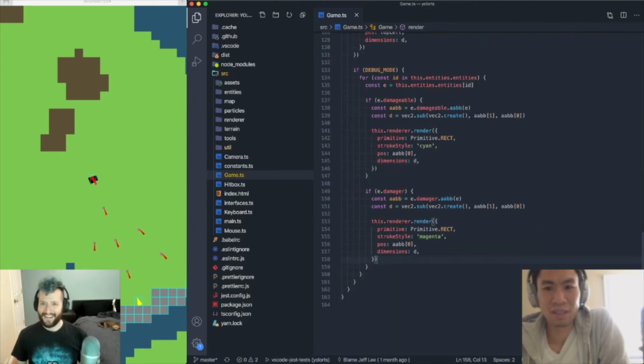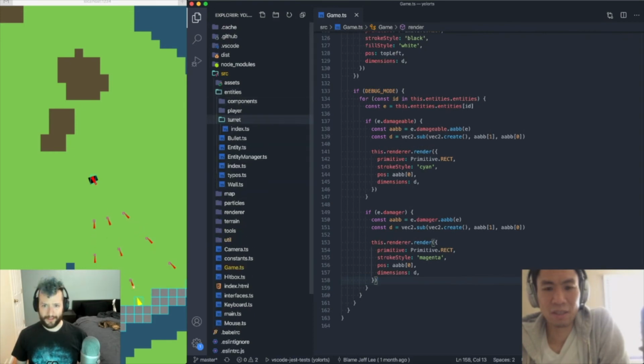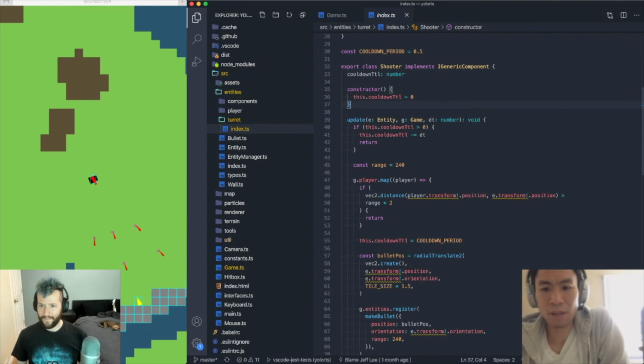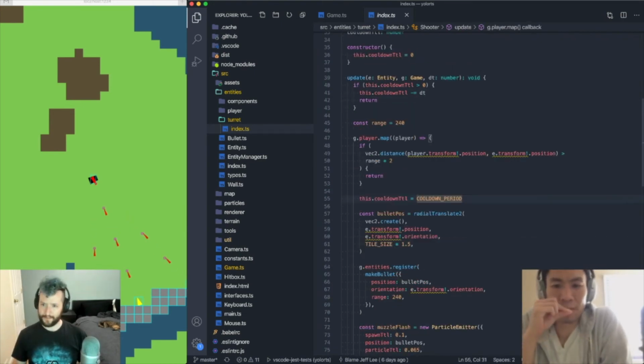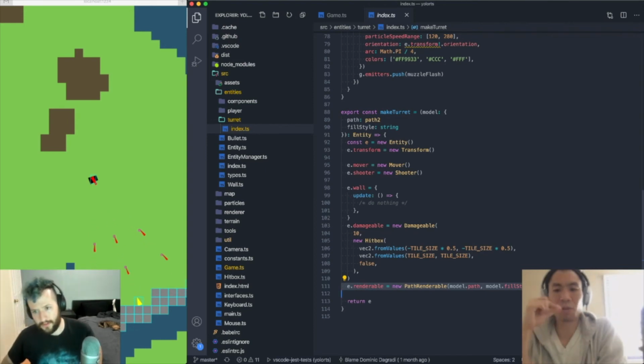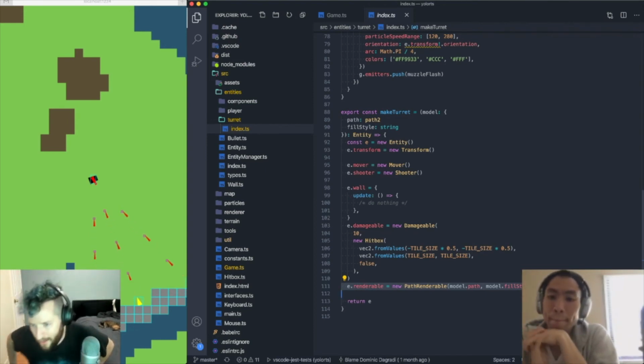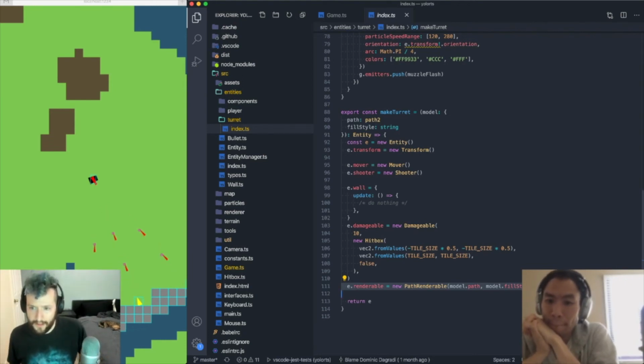Let's look in our entities and in our turret. What is the renderable that we're using for this? The turret just has a path renderable. Oh god, I wish there was a way that we could compose that. Isn't renderable a generic thing, and it only returns one renderable?